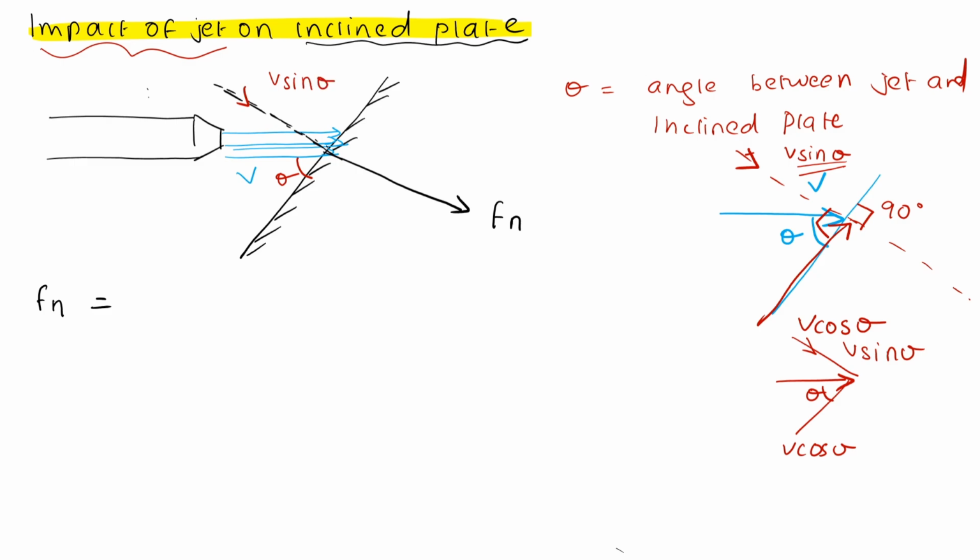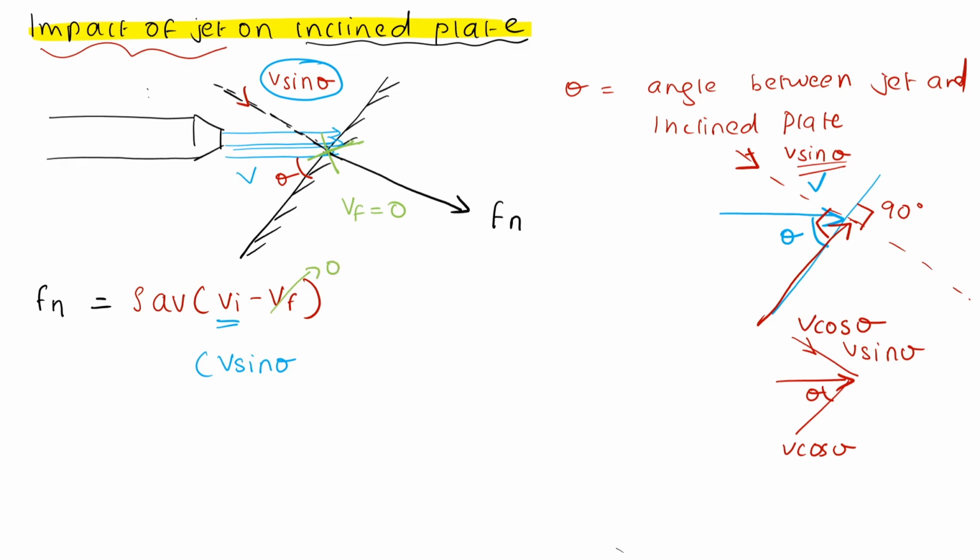We all know the force equation, which I explained in the previous video. So I am directly writing it as rho into area into velocity into initial velocity minus final velocity. Here the initial velocity, the velocity component striking the plate, is v sin theta. After hitting the surface there is no final velocity, since this is a stationary plate, so the final velocity vf is equal to 0.